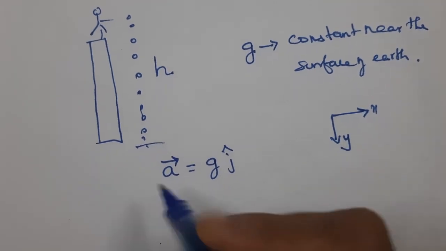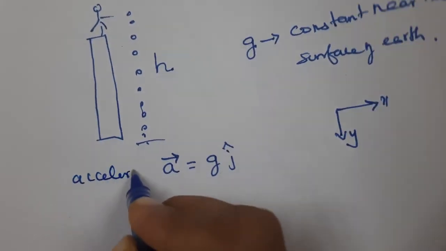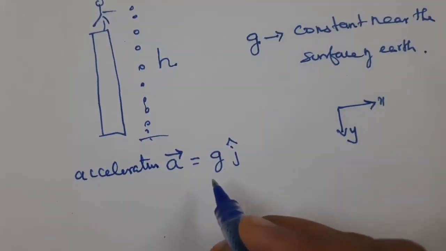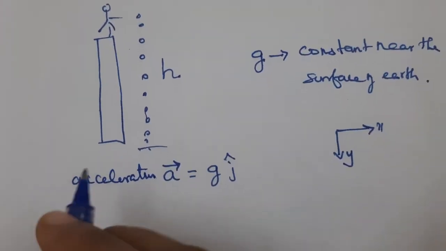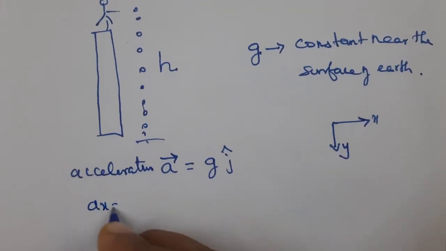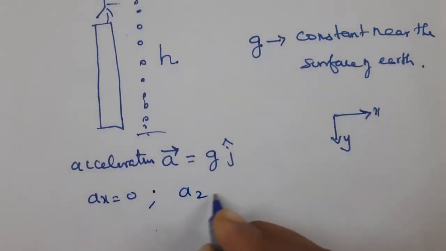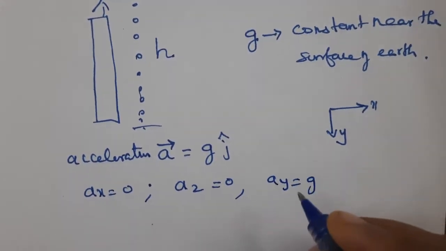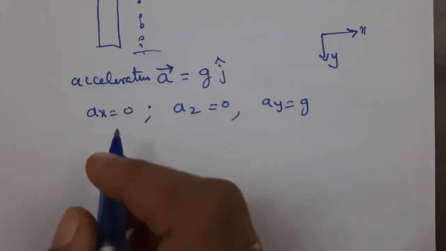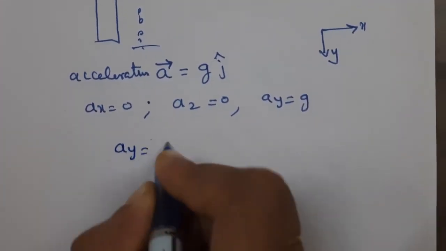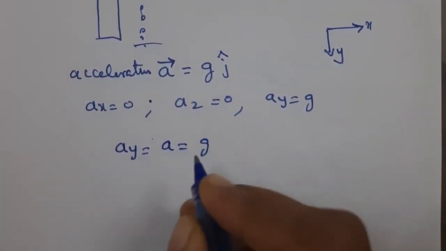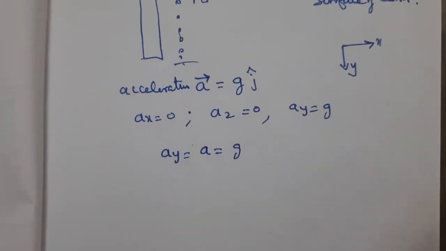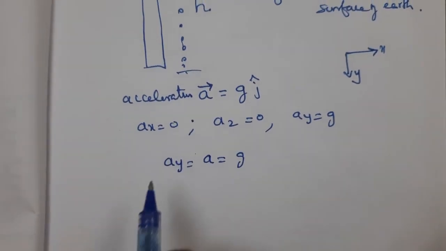So acceleration a vector can be written as g into j cap. That means here x component of the acceleration is 0, z component of the acceleration is 0, only the y component of the acceleration is g. Let's take for simplicity ay equal to g.